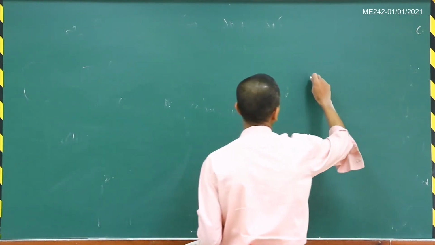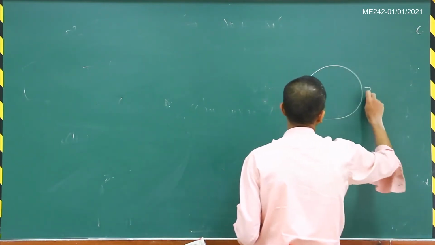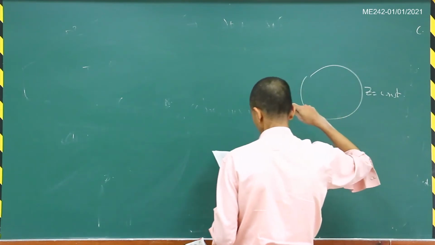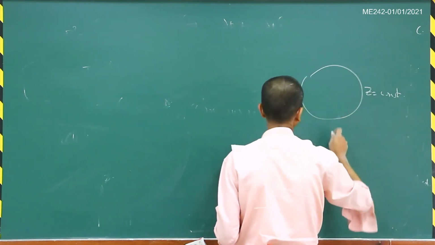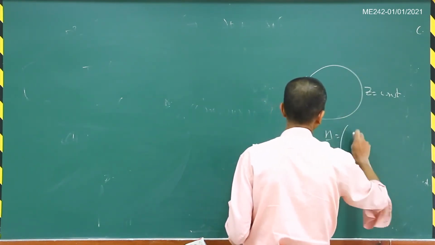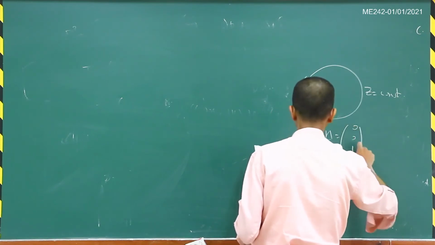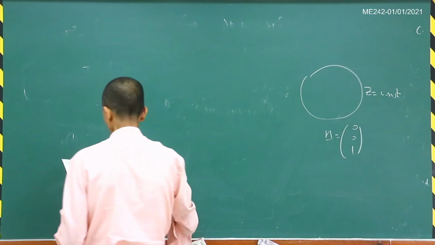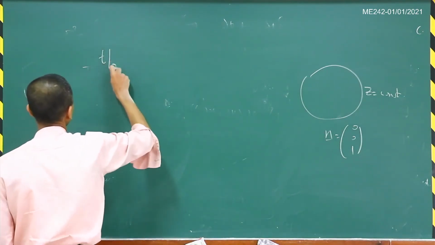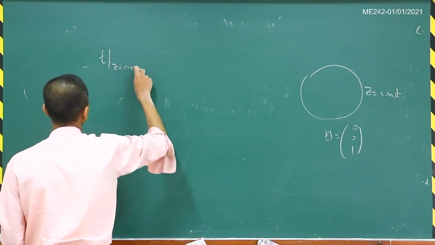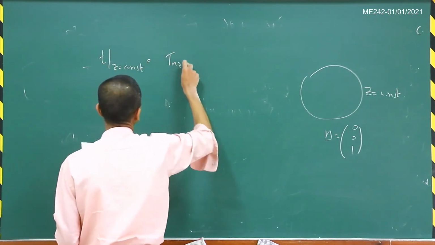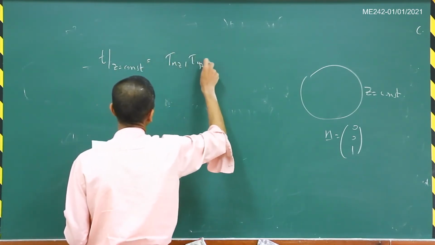So this is the surface, z equal to constant, let us say. Now the normal to this, n, will be equal to 0, 0, 1, and the traction vector on z equal to constant will be given by tau xz, tau yz, 0.